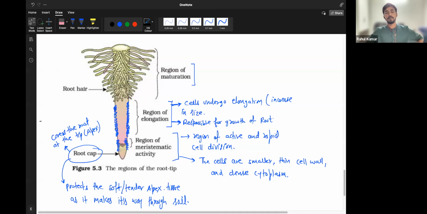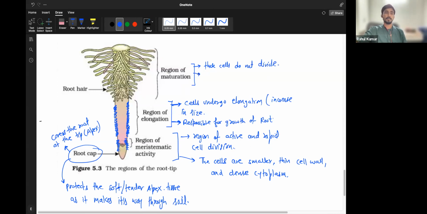Okay. Now in this region of maturation, write down, these cells do not divide. Okay.